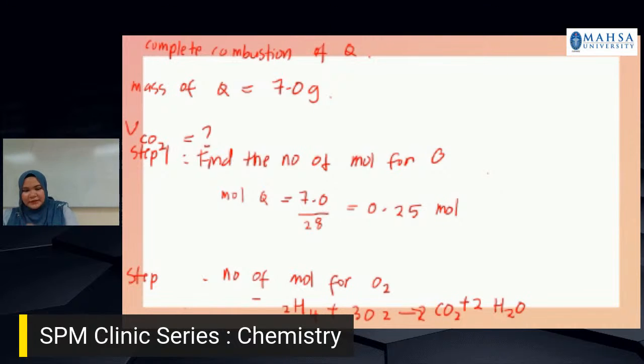So you can see here that 1 mole of C2H4 will produce 2 mole of CO2.